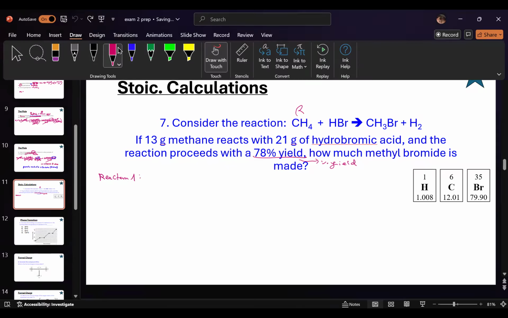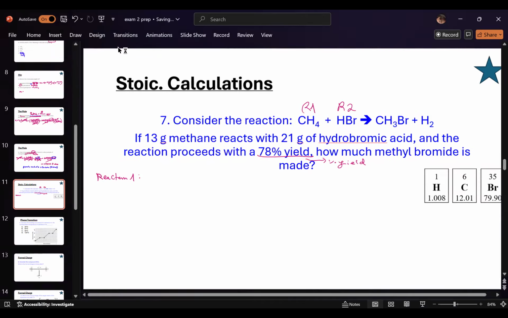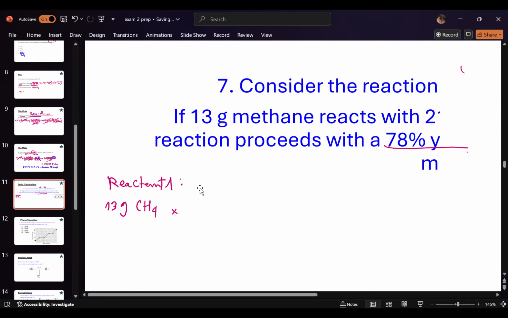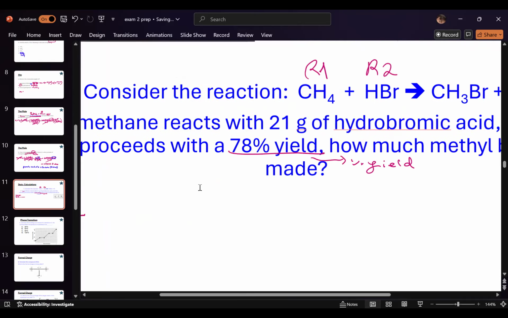So this is my reactant one, this is my reactant two. For reactant number one, I start with 13 grams of methane. Methane is CH4. And you're gonna convert that to moles because we're talking in grams. So you're gonna have to find the molar mass for every single thing.